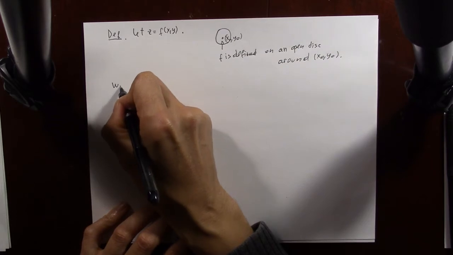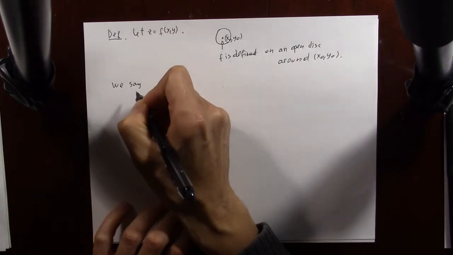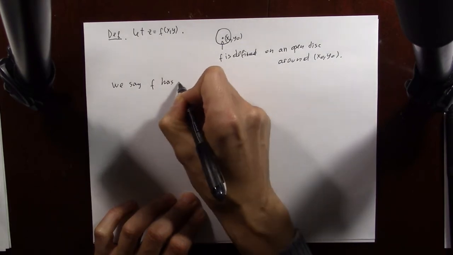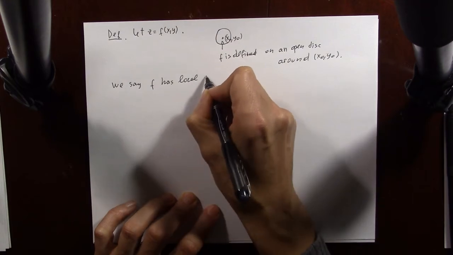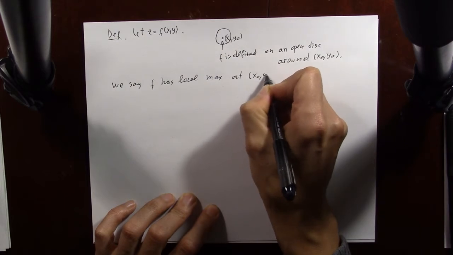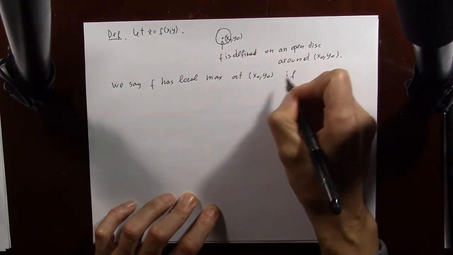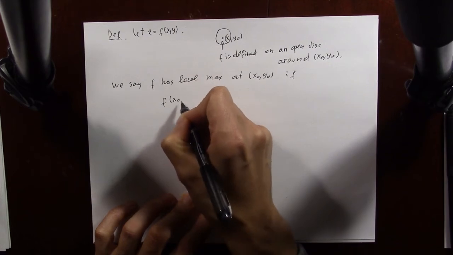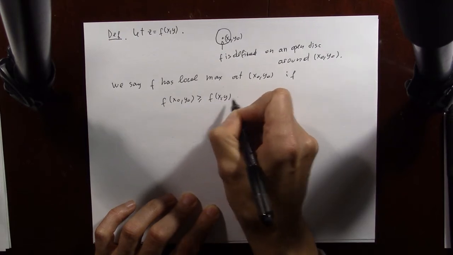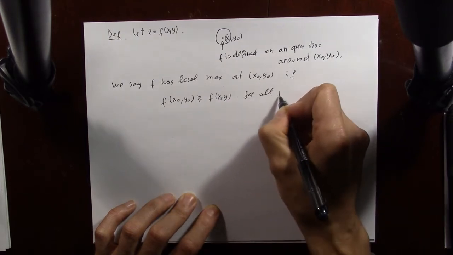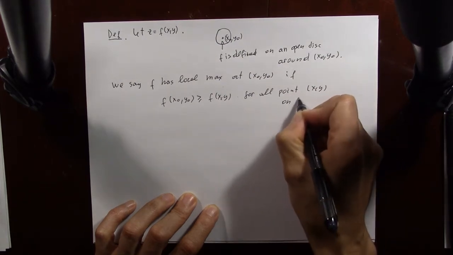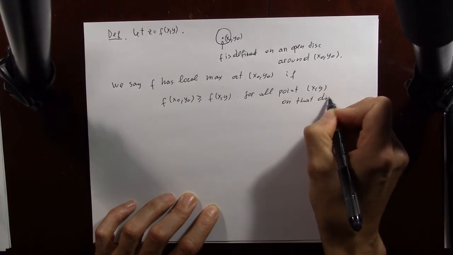We say that function f has a local max at point x0, y0 if f of x0, y0 is greater or equal than f of x, y for all points x, y on that disk.